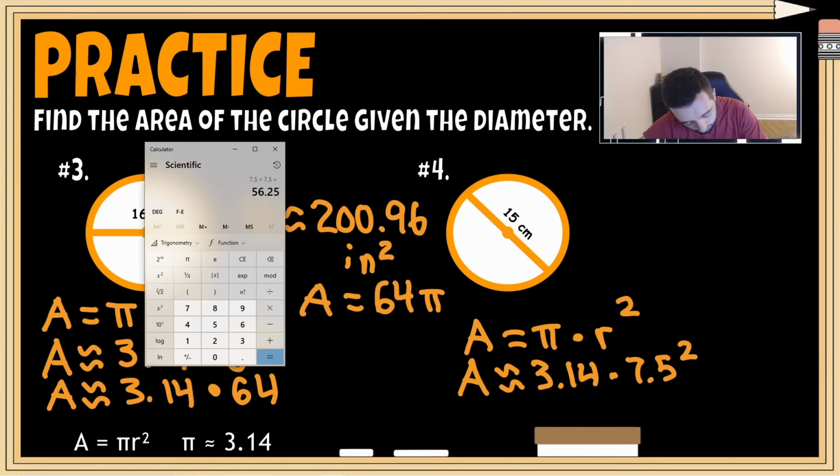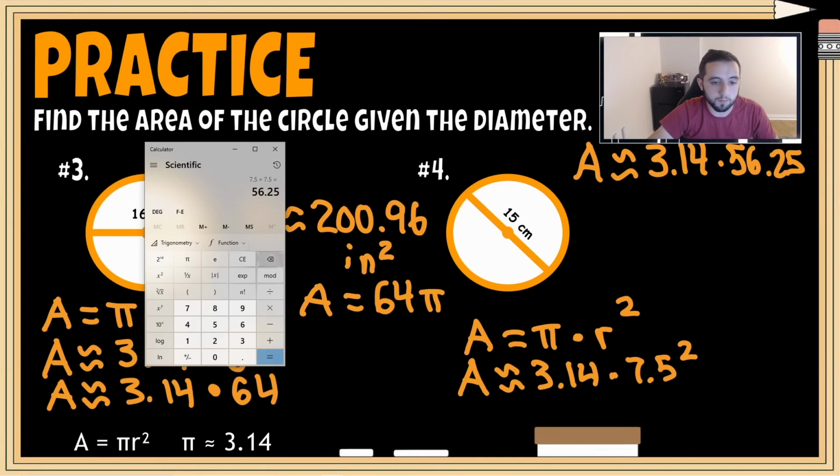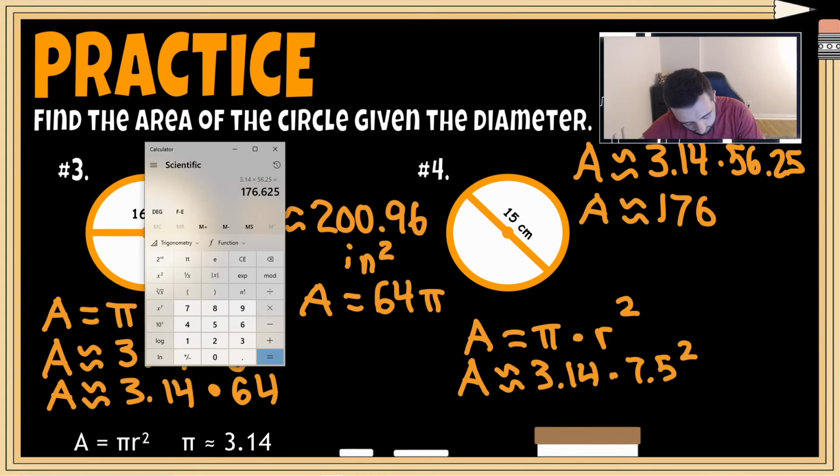So let's jot that up here. So we have area is approximately 3.14 times 56 and 25 hundredths. And now let's multiply those together. So 3.14 times 56 and 25 hundredths. And we end up getting area is approximately 176, and let's round that.